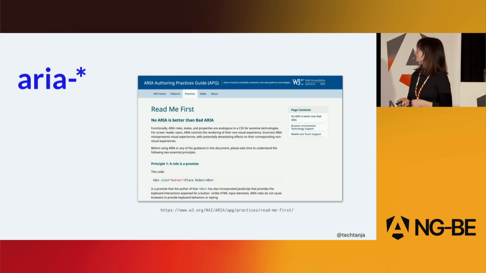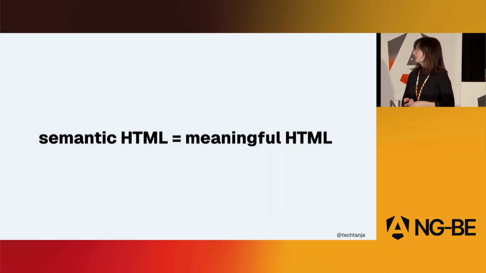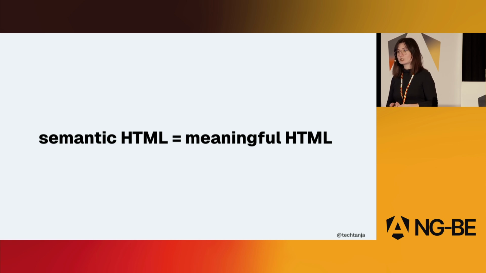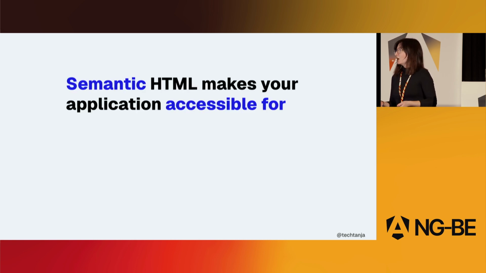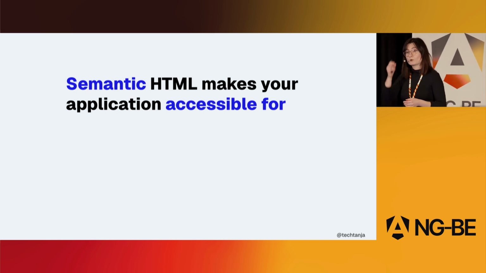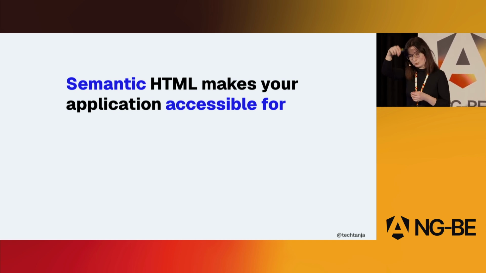All right. So I think that's the point that I was trying to make today, that semantic HTML equals meaningful HTML. It's a way how you can make your application accessible, or the meaning that you put into your content accessible.